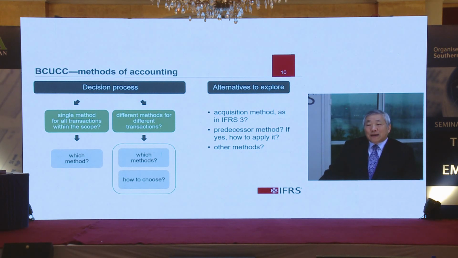However, if there is some necessity to use a different method from that single method, then we have to decide which method we'll use as a different method and how to choose that different method for another type of business combinations under common control.